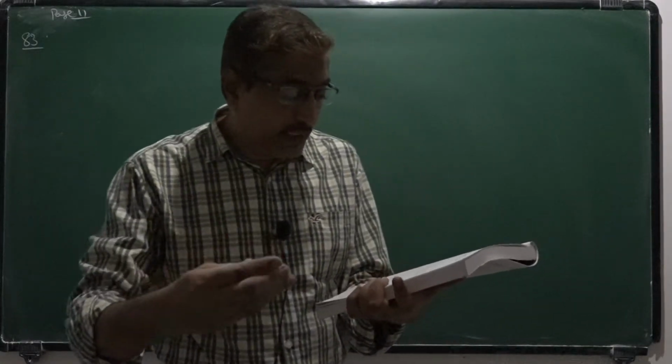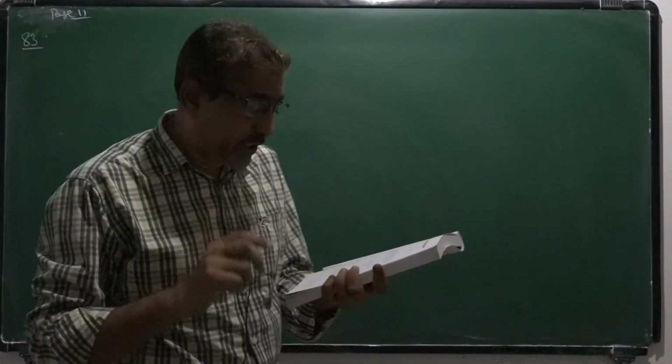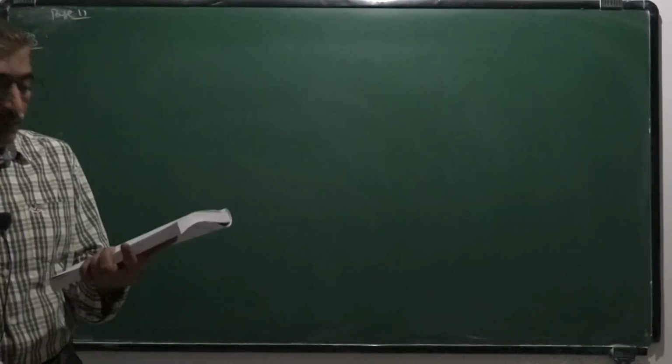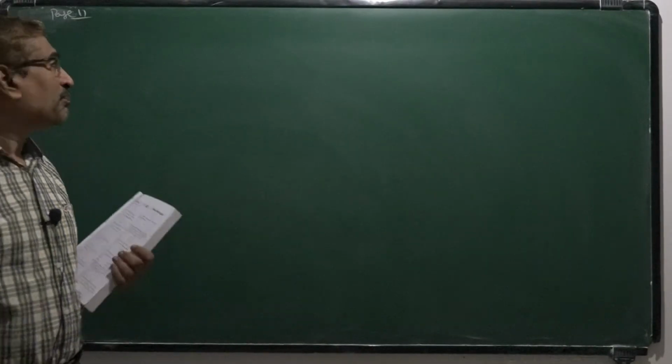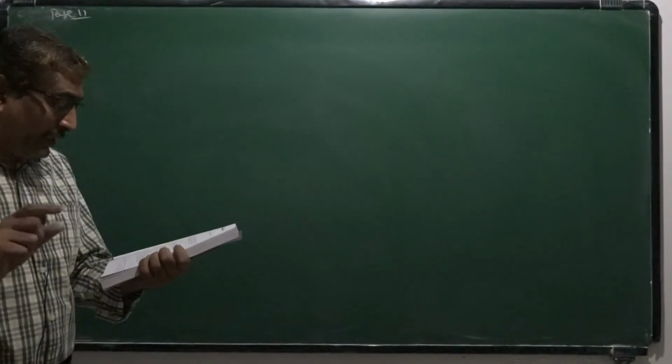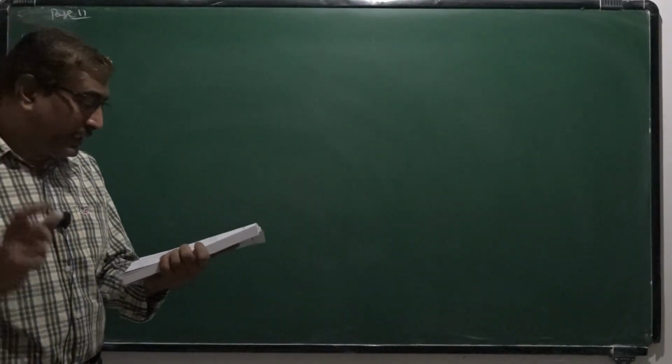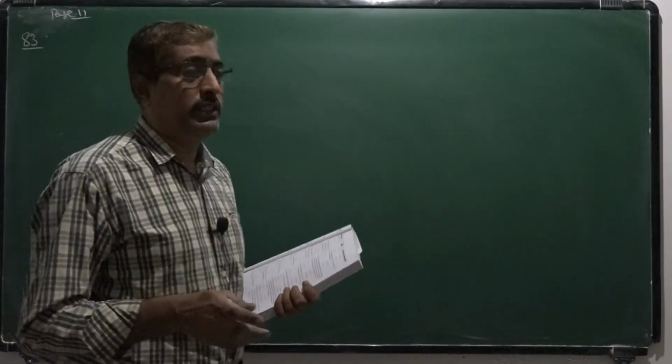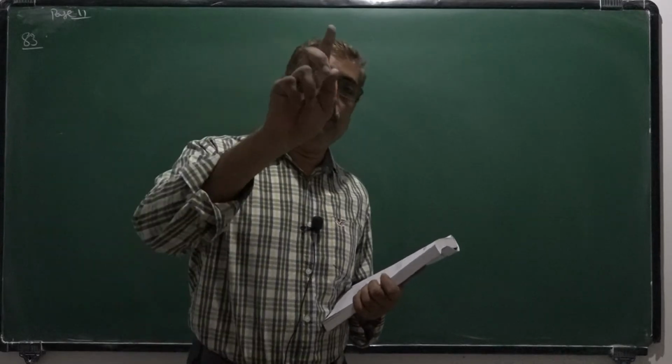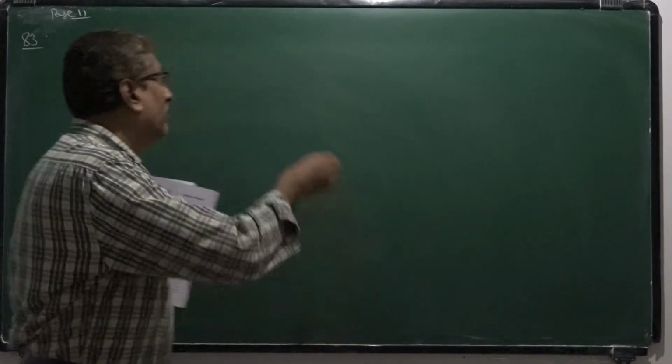What is the temperature in Celsius if the length of the mercury thread is 90 millimeter above the lower fixed point? So a particular thermometer is given such that the lower fixed point and upper fixed point are separated by 180 millimeter.